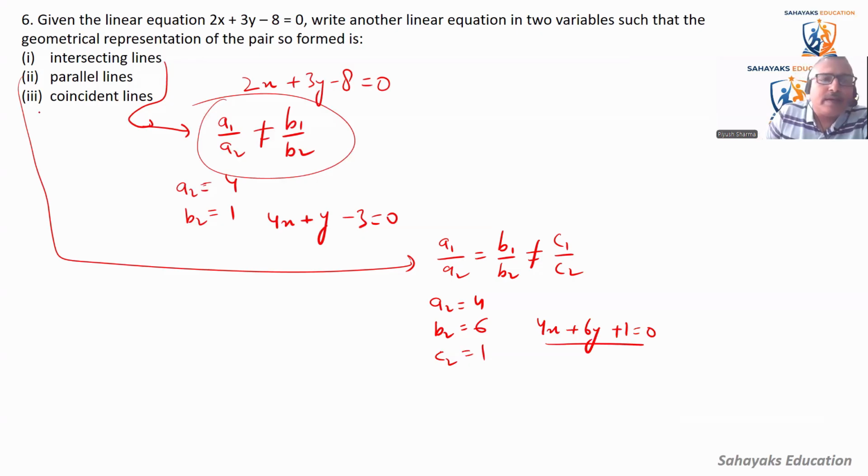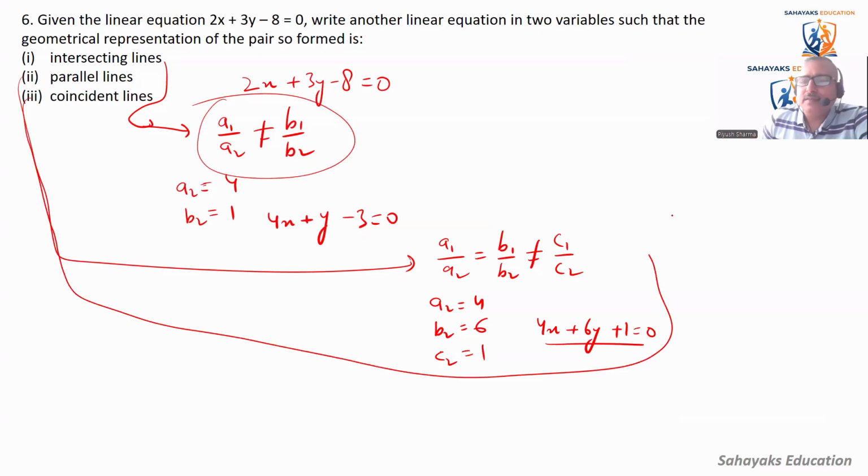Okay. And third comes coincident lines. When we're talking about coincident lines, A1 by A2 should be equal to B1 by B2 should be equal to C1 by C2. This is pretty simple. Why? Because just multiply this equation by some constant and you will get another equation.